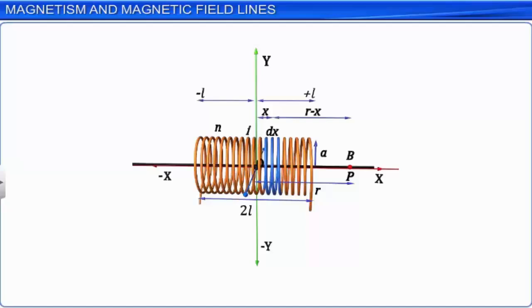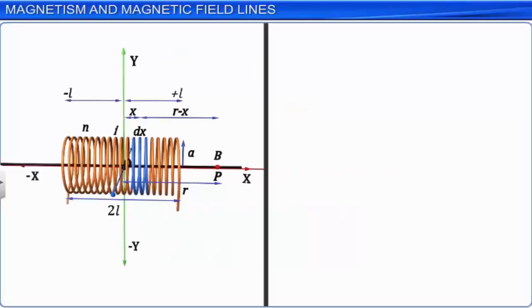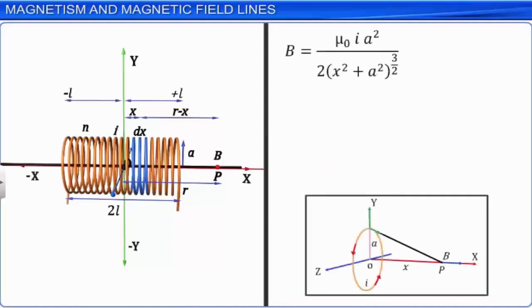We learned earlier that the magnetic induction B on the axis of a current-carrying circular loop at a distance x from the center of the loop is equal to mu naught I a squared by 2 into (x squared plus a squared) whole power 3 by 2.